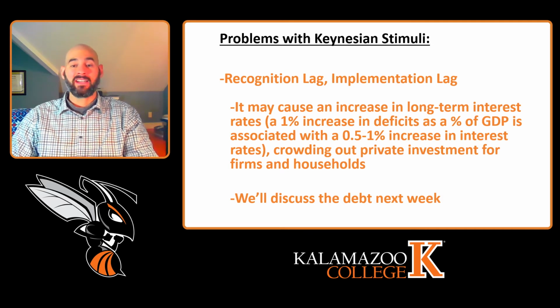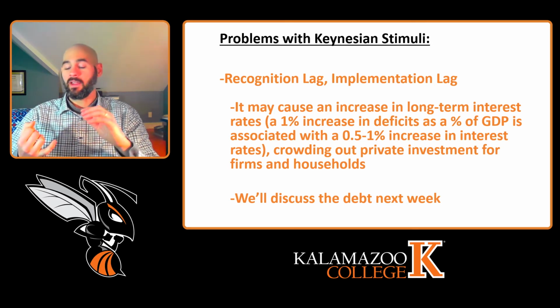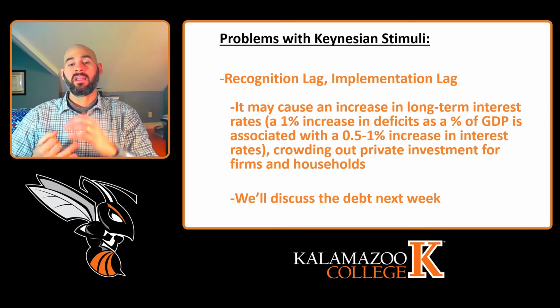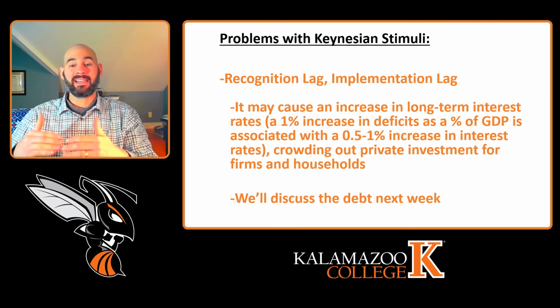And then this would crowd out private investment for firms and households, meaning that households which would have been looking to buy homes or cars, or firms which would have been taking out loans to invest in plant and equipment, had the interest rates been lower, may not be willing to do that now that the interest rates are a little bit higher. The quantity demanded of financial capital would decline. So that's a theory of what can happen to interest rates and crowding out.